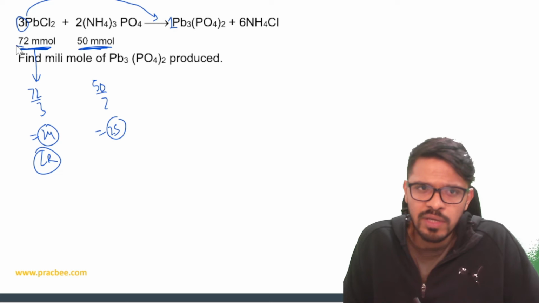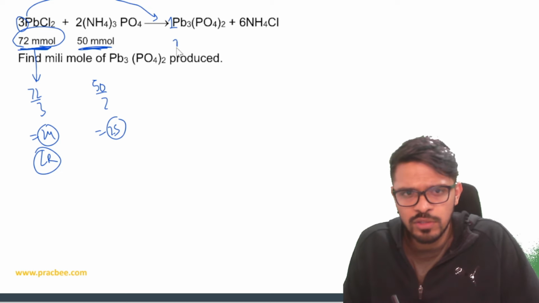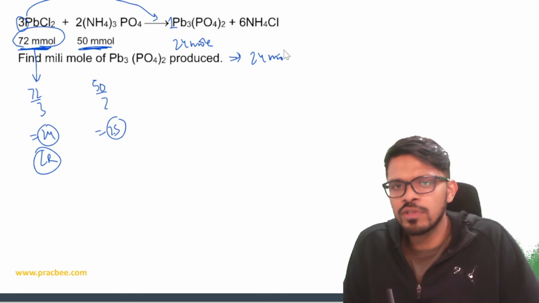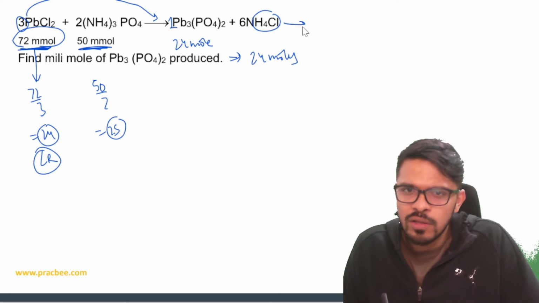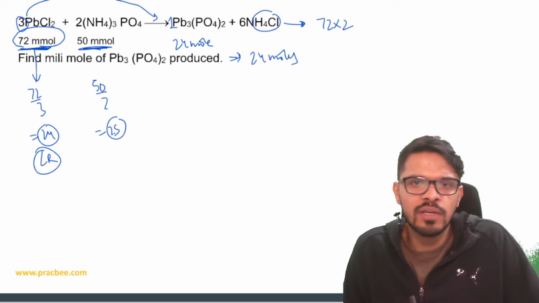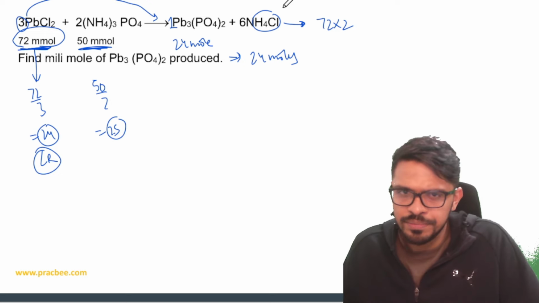So from 72 moles of this, I would get 1/3 of that, right? So 1/3 means 24 moles itself. 24 moles of these are produced. On the other hand, if you ask about NH4Cl, although that is not asked, that would be 72 into 2, right? From 3 we are getting 6, so whatever the number we have, we'll get the double of that.